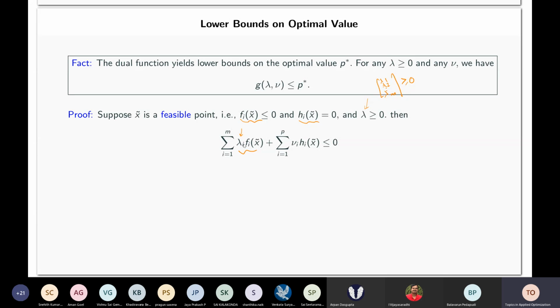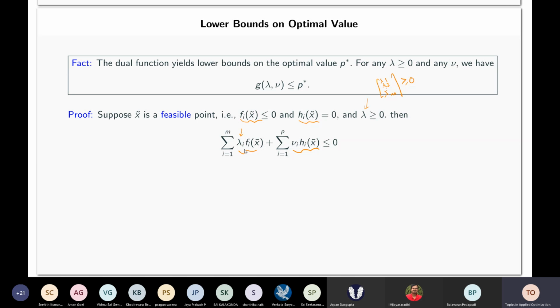And for mu_i we don't need to assume anything, because it is sitting with the equality constraint, so this will be equal to 0 anyway.